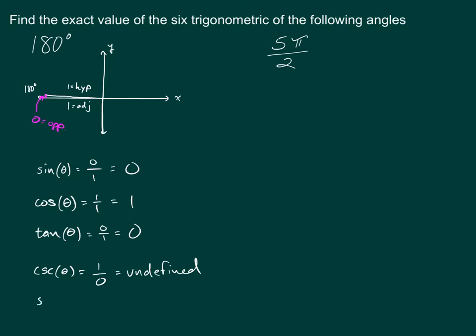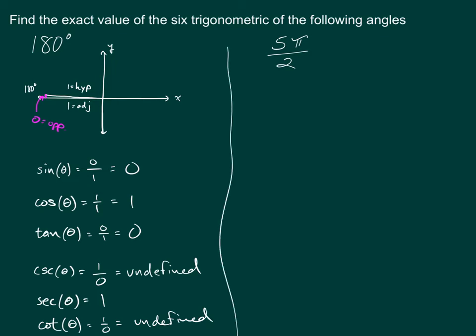But secant's fine. So you can see 1 over 1 is still 1. So secant is still 1, but tangent, on the other hand, is just like what happened with sine. When you take the reciprocal of 0 over 1, cotangent becomes 1 over 0, which is also undefined.